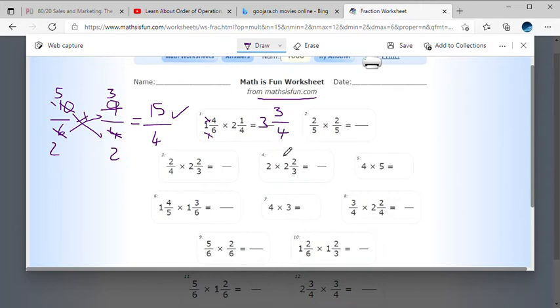To check your answer, multiply 4 times 3, which is 12, and add the 3, that is 15.